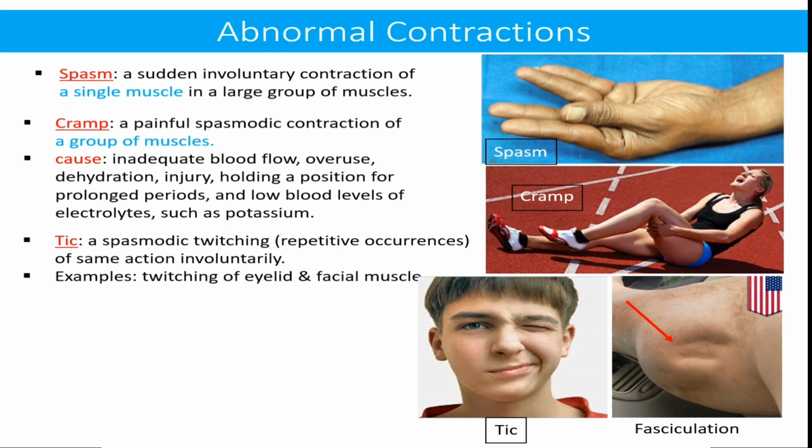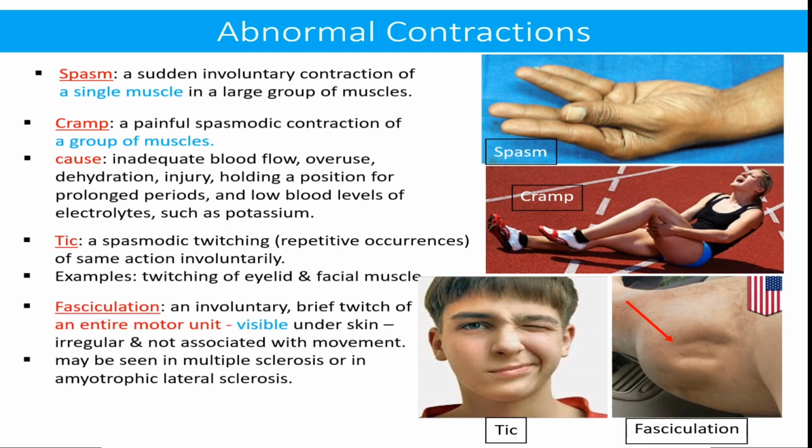Number three, tic. It is a spasmodic twitching, that is repetitive occurrence of the same action involuntarily. Examples are number one, twitching of the eye, and number two, facial twitchings. Number four, fasciculation. It is an involuntary brief twitch of an entire motor unit which is visible under the skin.